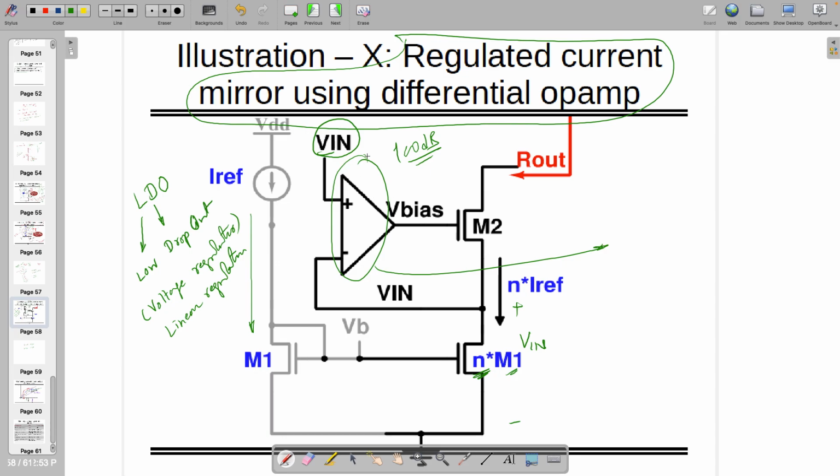What are the rules for this op amp? Input impedance has to be infinity, output impedance has to be 0. What else? Rin has to be infinity, right? All these things you have to follow, and gain is infinite. These are the ideal op amp, right?